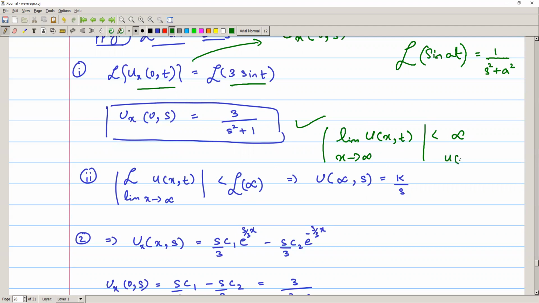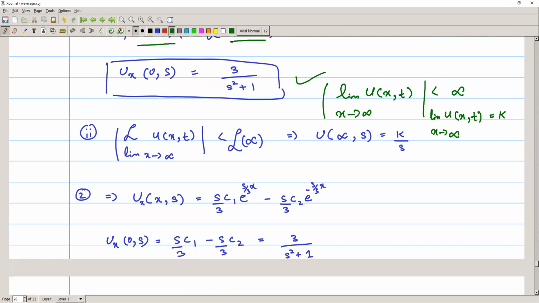So we can equate it to some constant k. Therefore, U(infinity,s) will be equal to k over s, because the transform of a constant k is k over s.